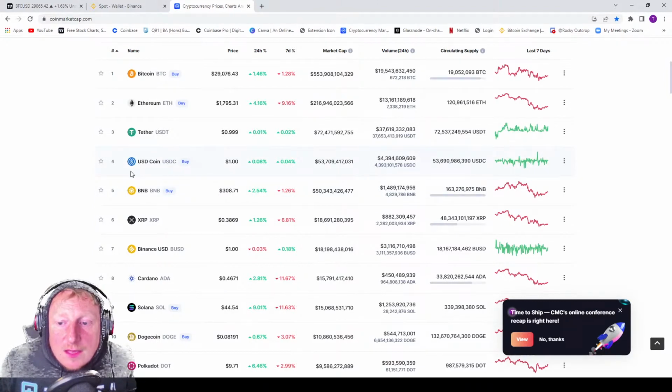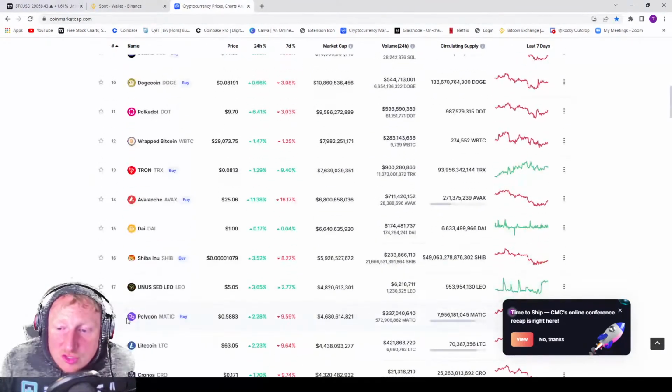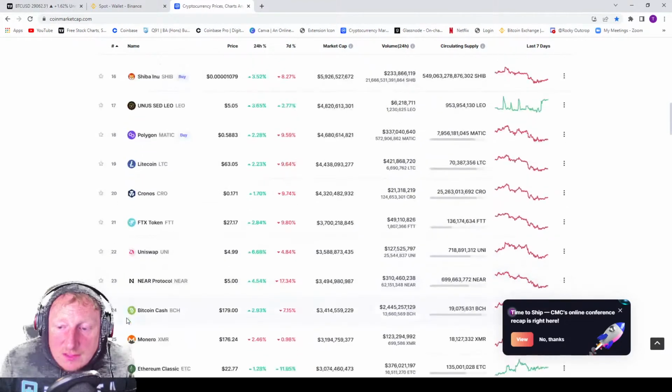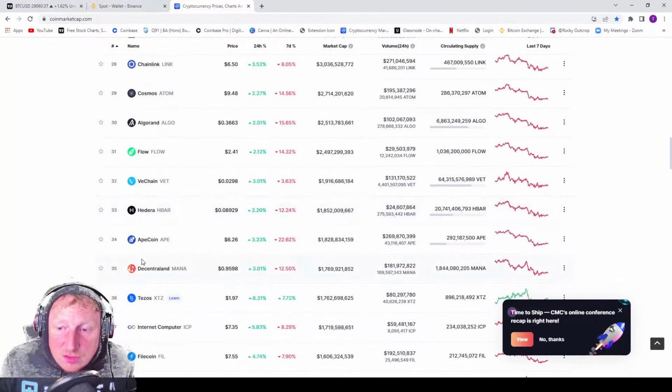And UST was up there. Luna Terra was in the top 10. It was at number 10. Dogecoin's got it at the minute, but you've got some awesome coins, Polygon. You've got some awesome things. You've got Algorand again. It's an awesome coin.